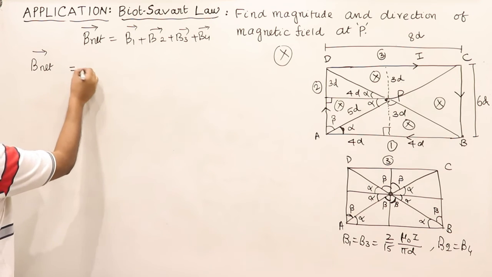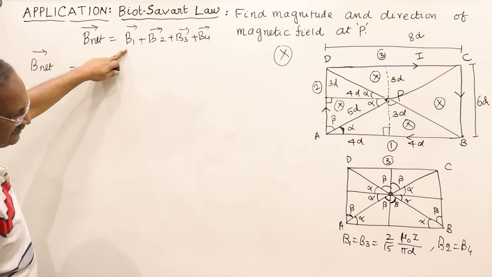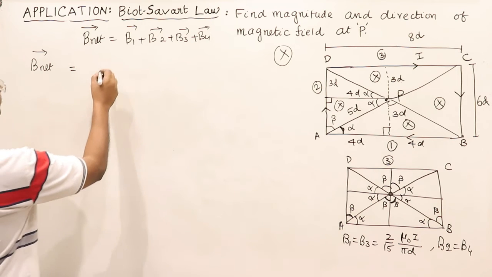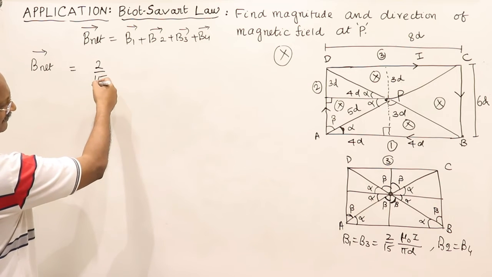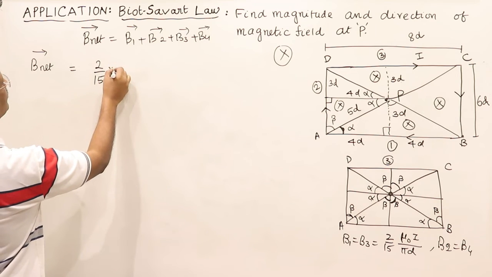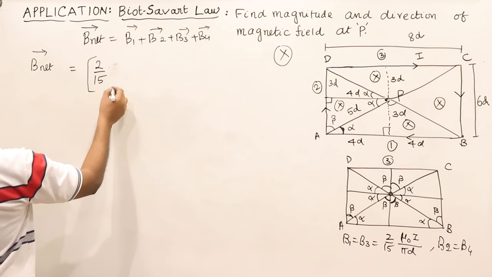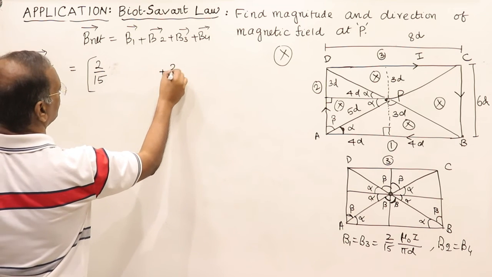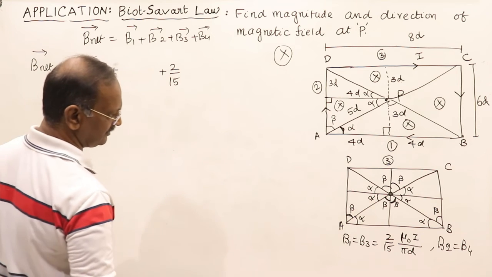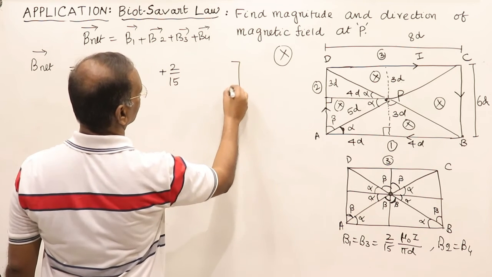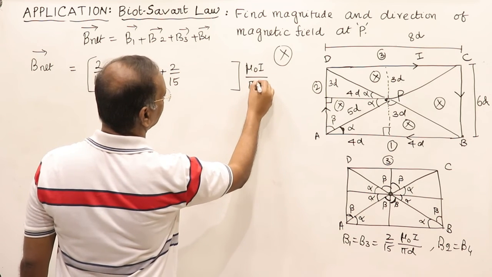B net is equal to, we'll write the magnitude. What is B1? B1 is equal to 2 by 15, we'll take mu naught I by d out. 2 by 15 into mu naught I by pi d.